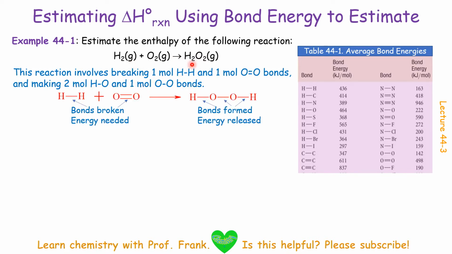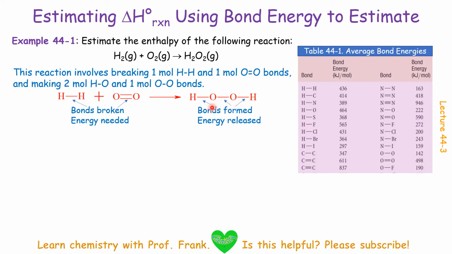Let's write this reaction in another way. H2, that's H and H. It's 1 single bond. O2 reacting with H2, O=O double bond. Then H2O2. So we write that in this way, HOOH.